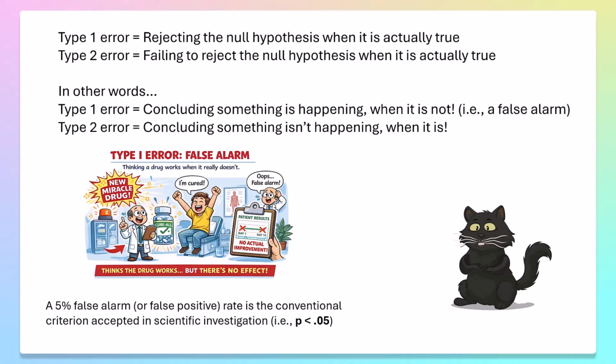And a 5% false alarm rate, or you could also say false positive rate, that is the conventional criterion that gets accepted in scientific investigation. That is p less than 0.05.